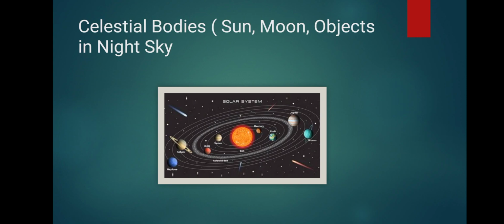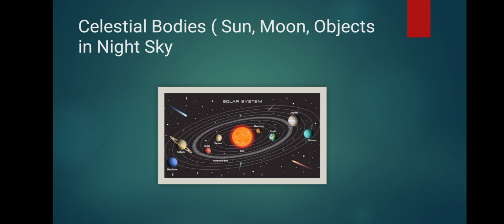The reason is that the bright light of the sun doesn't allow us to see all these objects of the night sky. The sun, the moon and all those objects shining in the night sky are actually celestial bodies.